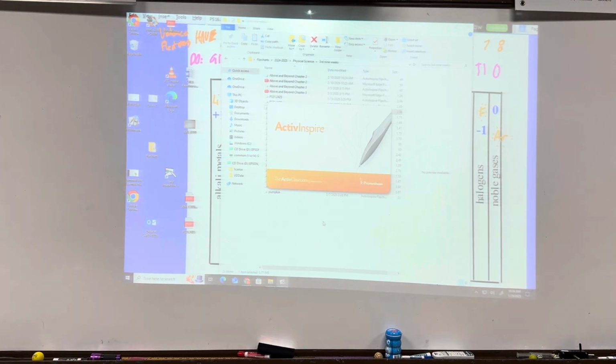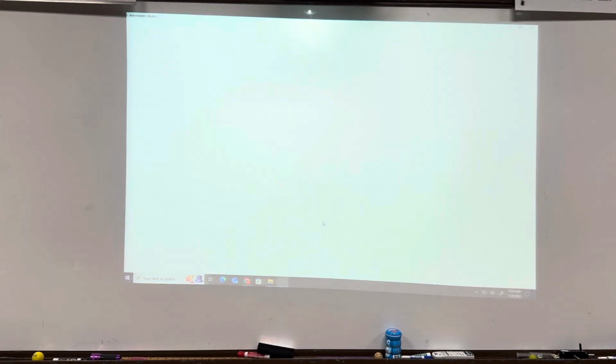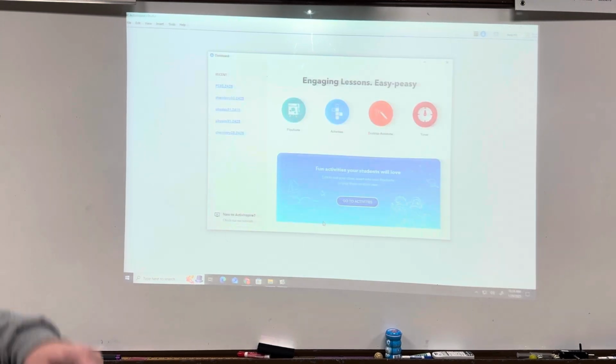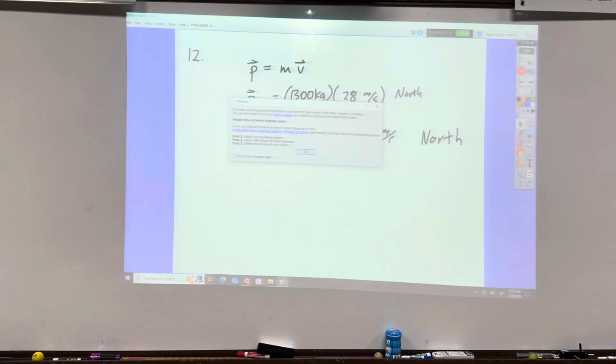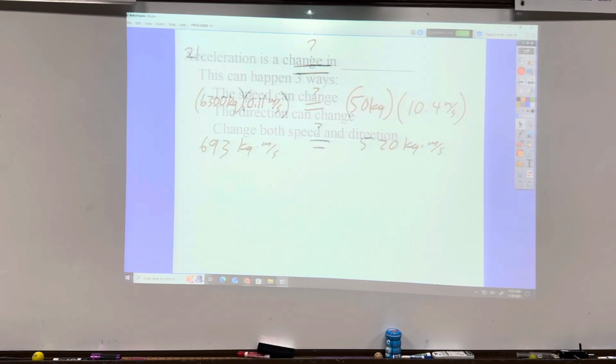Next question was 33. Which of the following do you calculate when you divide total distance by total travel time? And that is average velocity.